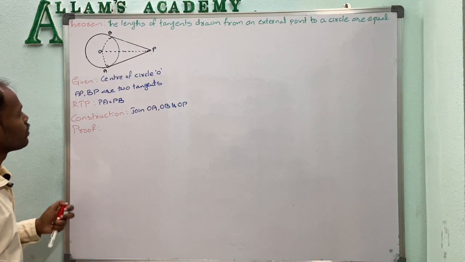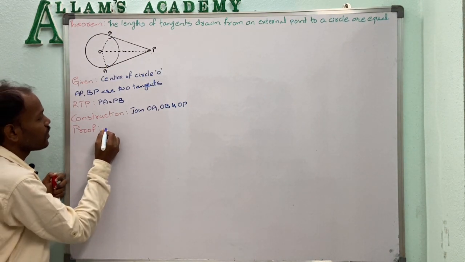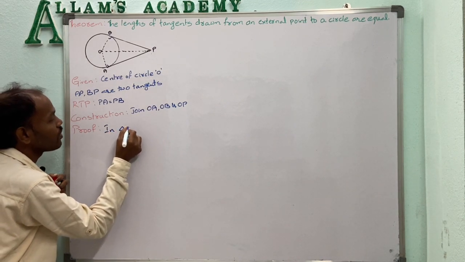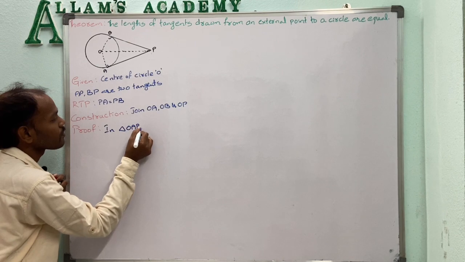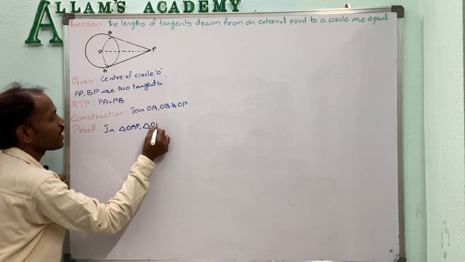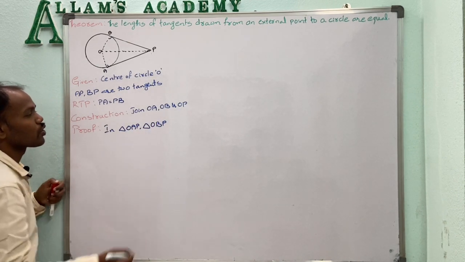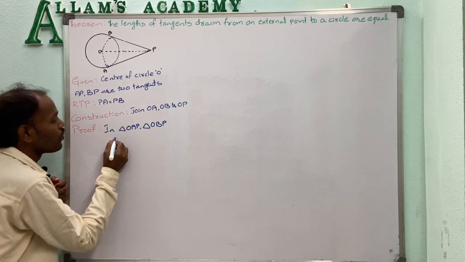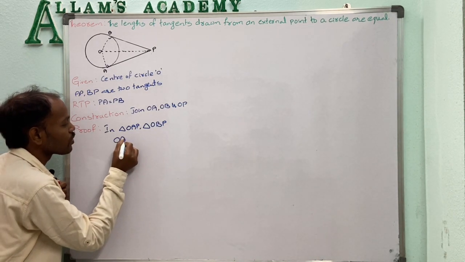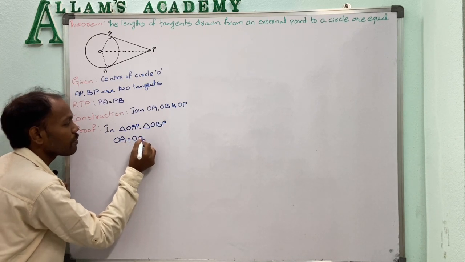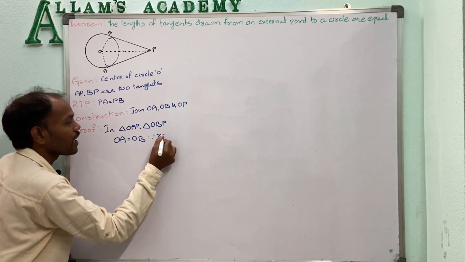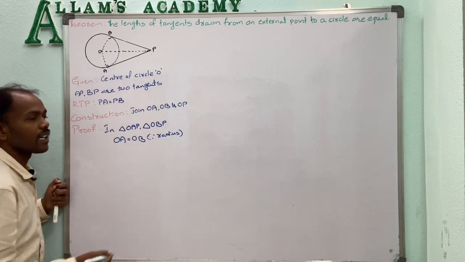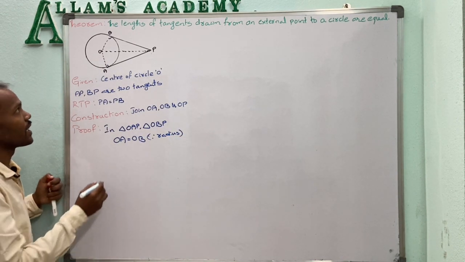Now if we compare the two triangles OAP and OBP: OA is equal to OB, because both are radii.